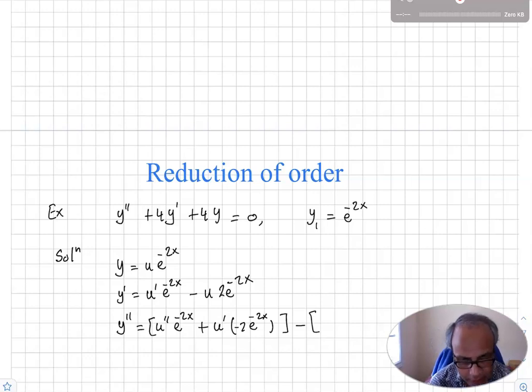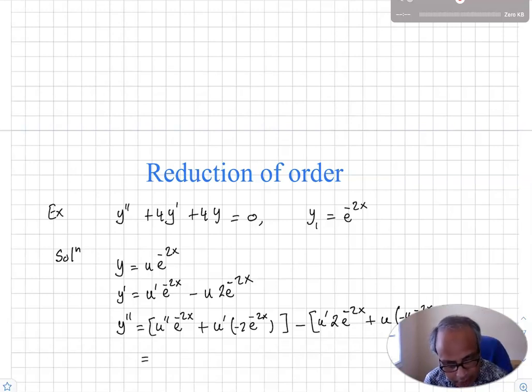Now in the second part, you differentiate first function, which is u, so u prime 2 e to the power minus 2x plus u is the first function times differentiate second function minus 4 e to the power minus 2x.